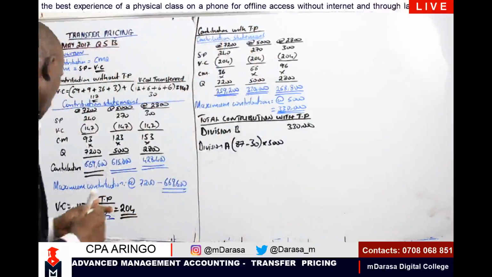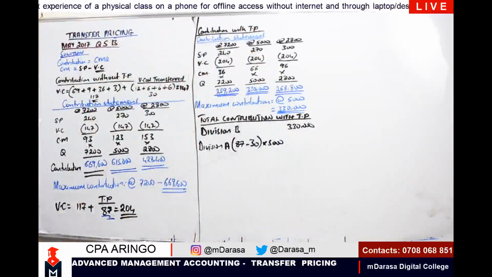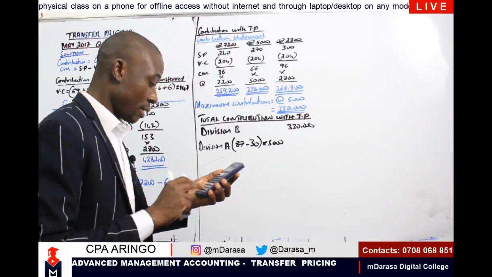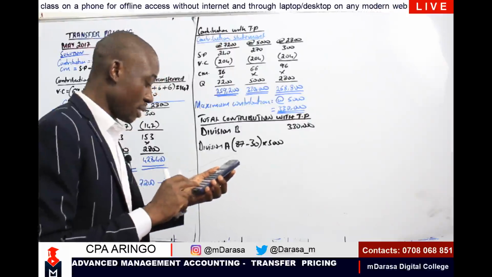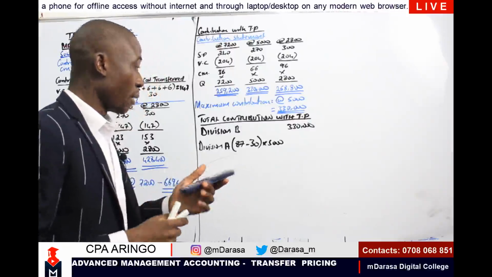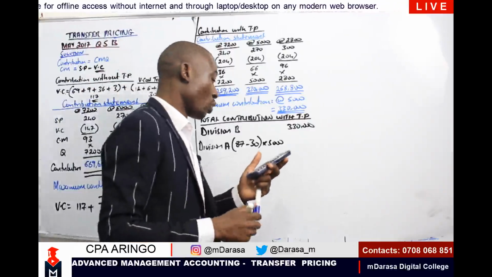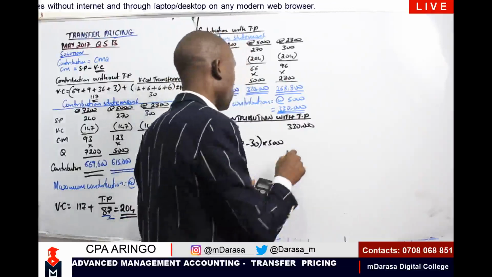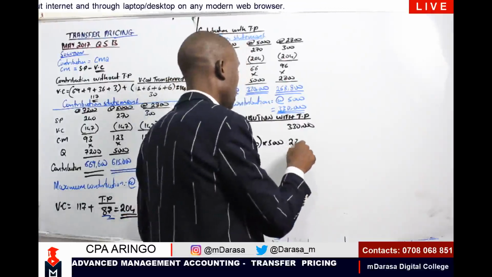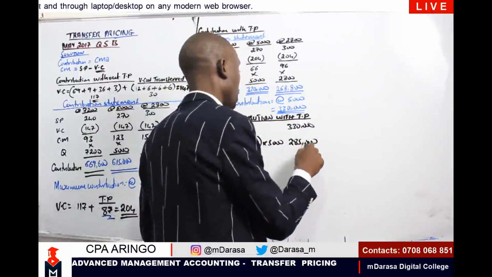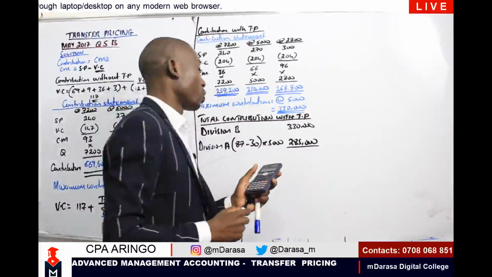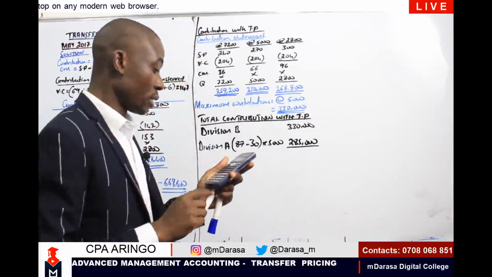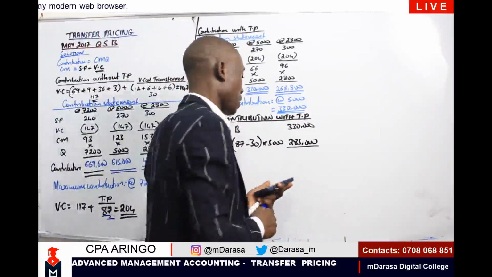So therefore we should be having a figure of how much? I should be talking of 87 minus 30 times 5,000, right? I'm getting a figure of 285,000. So the total, therefore, we should be talking of 615,000.